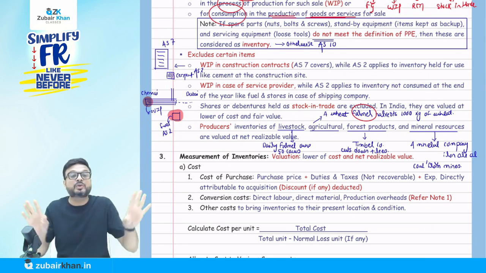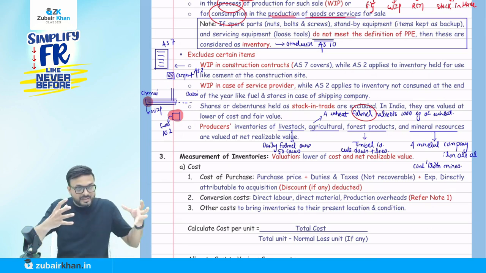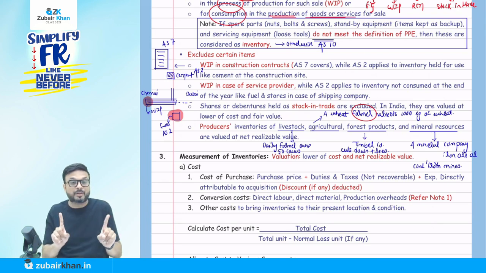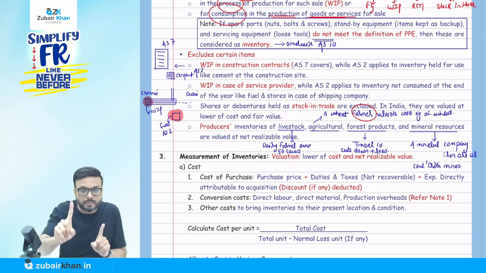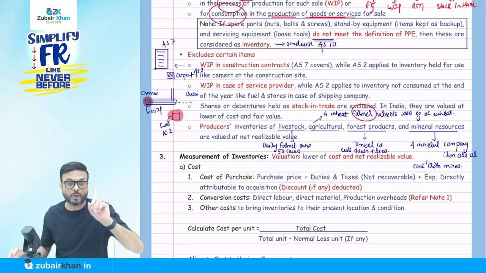He is not a producer of agriculture products. The farmer who has these agriculture products, AS2 is not applicable to him. He is the producer. When you go to the mall or any vegetable shop, they are traders, not producers. So AS2 is applicable to them, not to the producer.